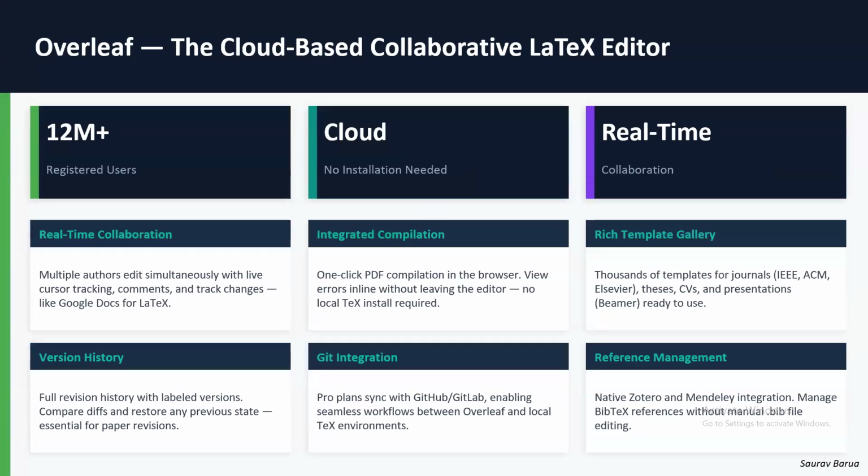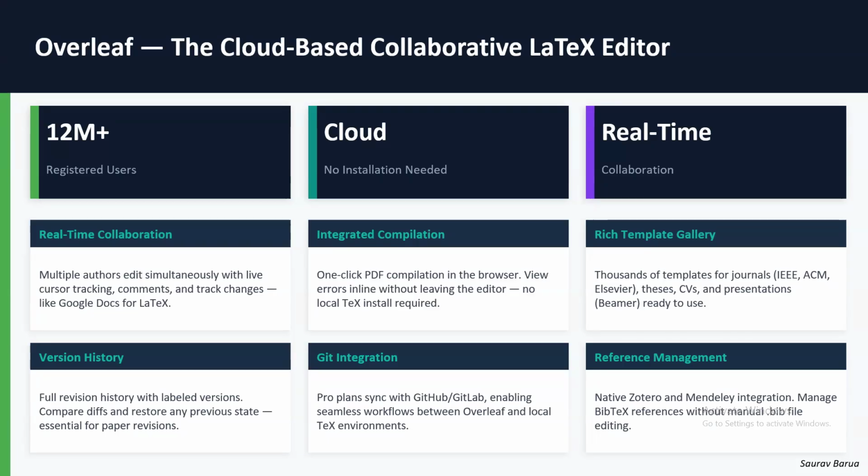Now let's talk about Overleaf. This is a cloud-based collaborative LaTeX editor, and it has a huge community. It is cloud-based, obviously, so we do not need to install it on our computer, and real-time collaboration is possible. Multiple authors can work together, and we can do PDF compilation using only one click.